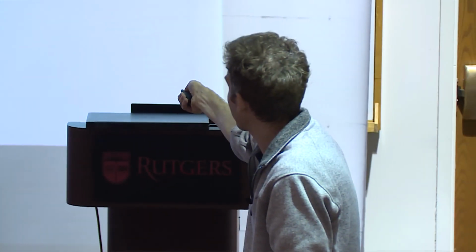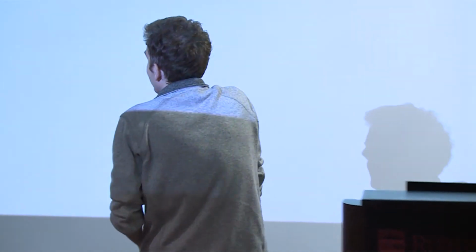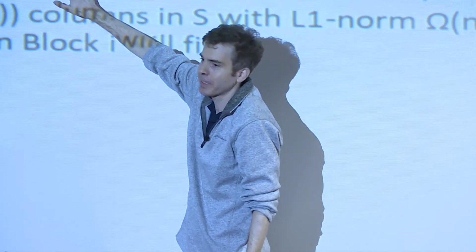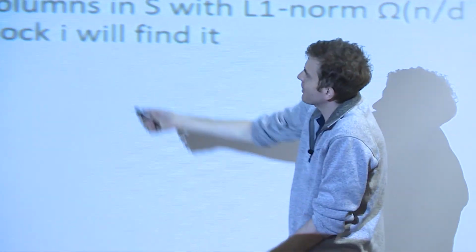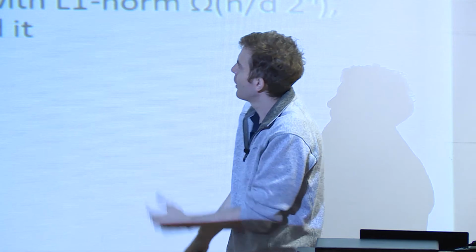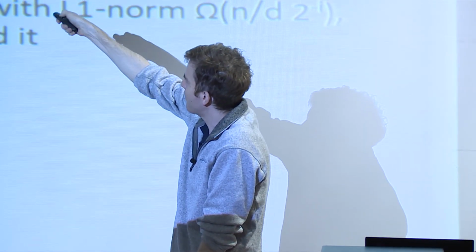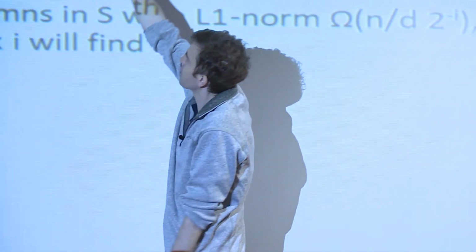Likely I'm only going to touch one of them, I might touch more than one. But the point is, when I add up these columns, if each one has 1 norm at least n over d over 2 to the I, then I'm likely to have L1 norm at least n over d over 2 to the I. But that's a problem, because in the ith block the vector has 1 norm n over d over 2 to the I, and this subspace embedding says the length of SAx can't be larger than the length of Ax.